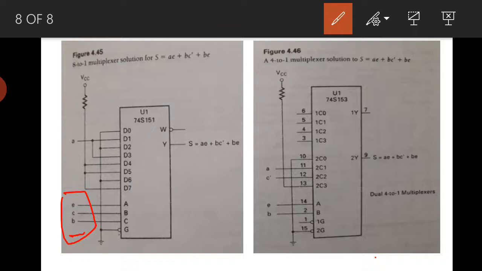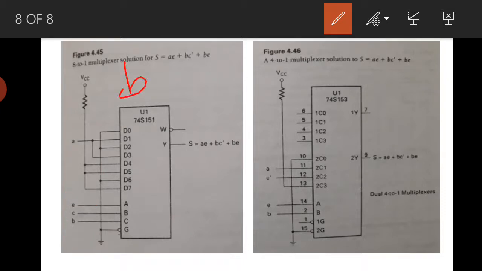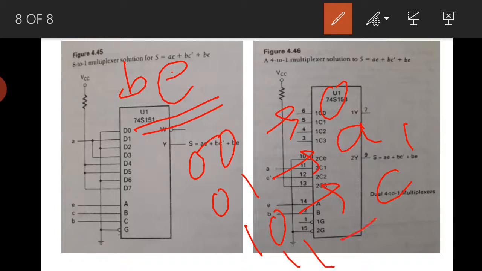Out of 4 variables, 3 variables are taken as select lines, and 1 variable A is connected to the input. If it is 0 0 0, the first bit is 0, that is connected to ground. If you take only B E as 0 0, this is the expectation there. 1 0 means C bar, 1 1 means again it is 1.